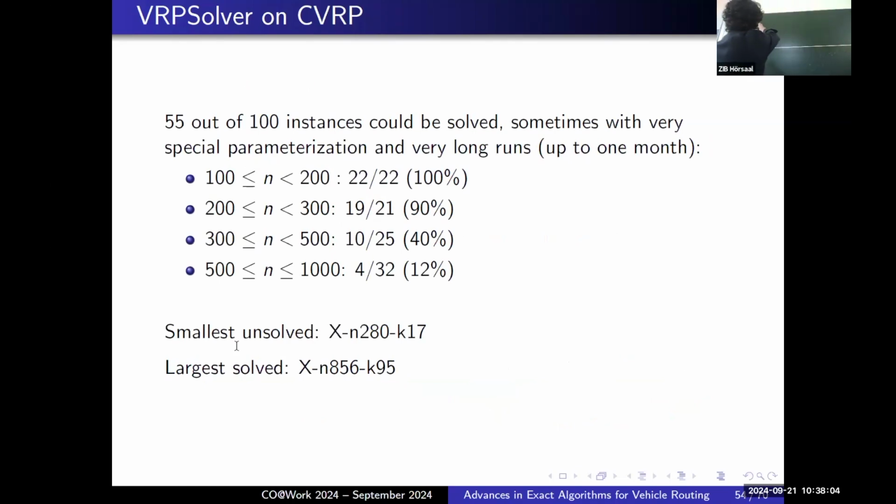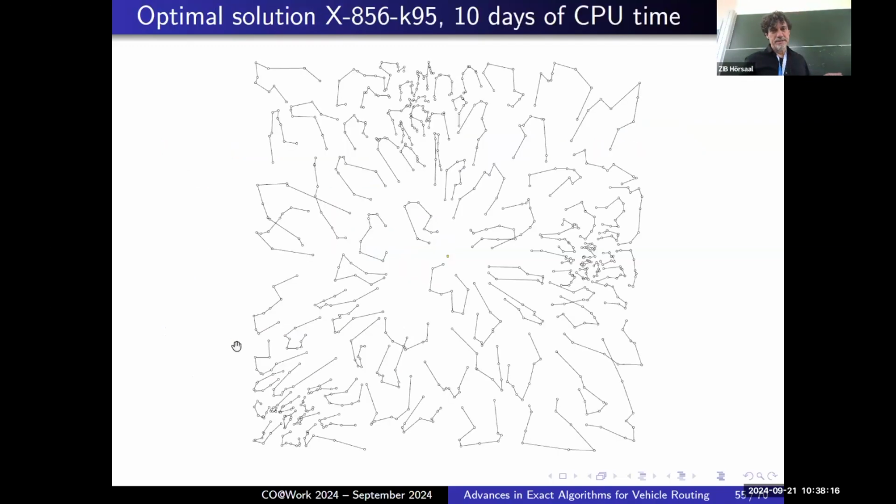If you have instances between 200 and 300, probably. Here, if you are lucky, very rarely. But this is the largest CVRP instance ever solved. So this is the depot. We do not represent the arcs to the depot, otherwise the picture will be too full.